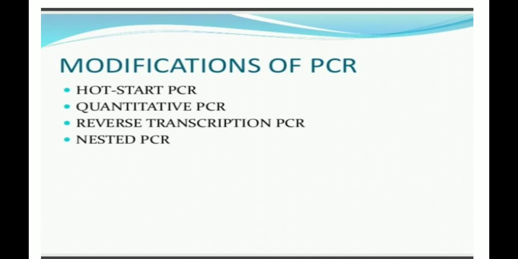Contamination during this process can be a serious problem, a serious issue, due to the extreme sensitivity. So you have to avoid contamination to get a proper result. So these are the disadvantages and advantages of the PCR technique.